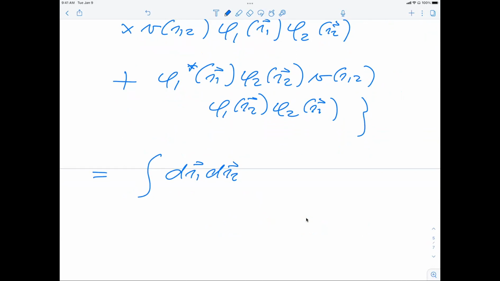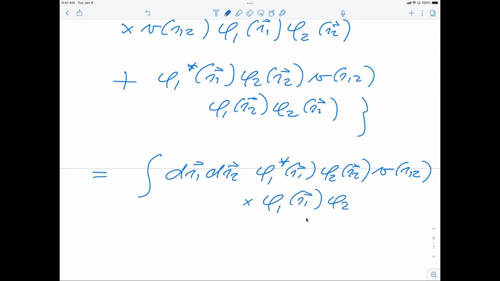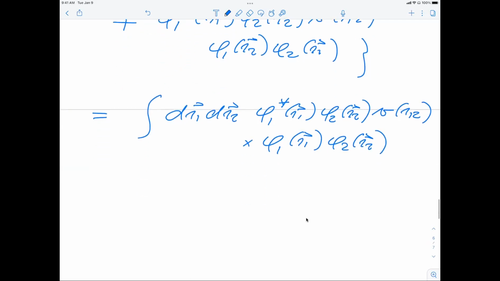So we would have the first term here, which simply runs like this, of R1, phi2 of R2 here, multiplied with the interaction R1,2, and then this is multiplied with phi1 of R1 and phi2 of R2 here. This term has a name, and this is actually called a direct term.